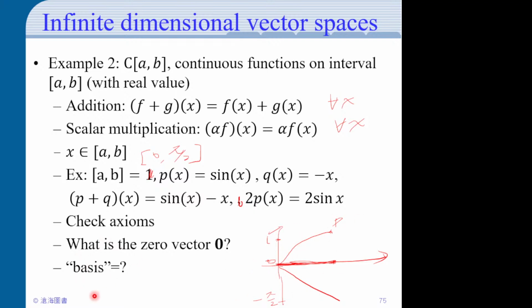If you study more math, something like linear analysis, then you will see some kind of basis for this, but it's really complicated for this vector space. You can check the usual properties of a vector space are satisfied, but when you want to find a basis, a lot of weird things about infinity will happen. So for now we just say the number of dimensions is infinite.